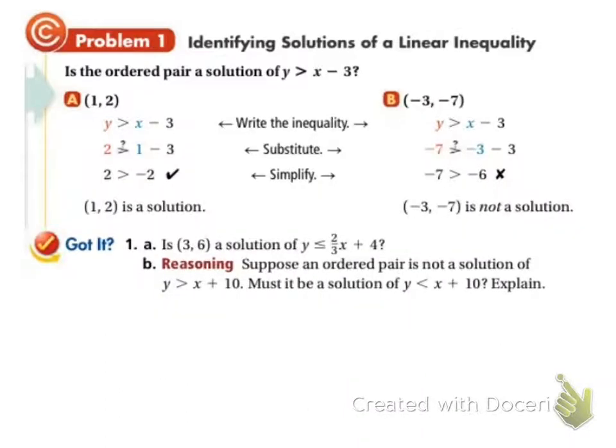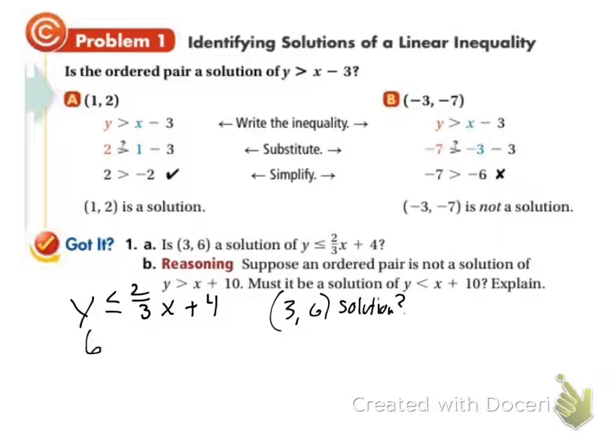Okay, so we are given the inequality y is less than or equal to 2/3 x plus 4. And they want to know, is (3, 6) a solution? So we're going to plug it in. I'm going to plug in 6 for y.